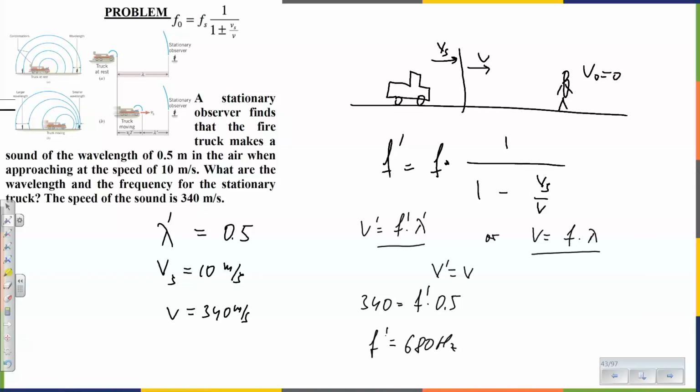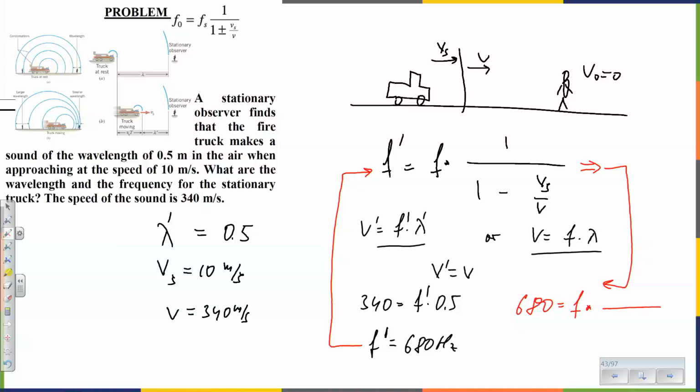But we need to remember this. So I'm going to make a red arrow. Now this is this, what it is. But now we can just finally use this equation backwards. 680 should be equal to the frequency when the truck wouldn't be moving, 1 over 1 minus 10 over 340.